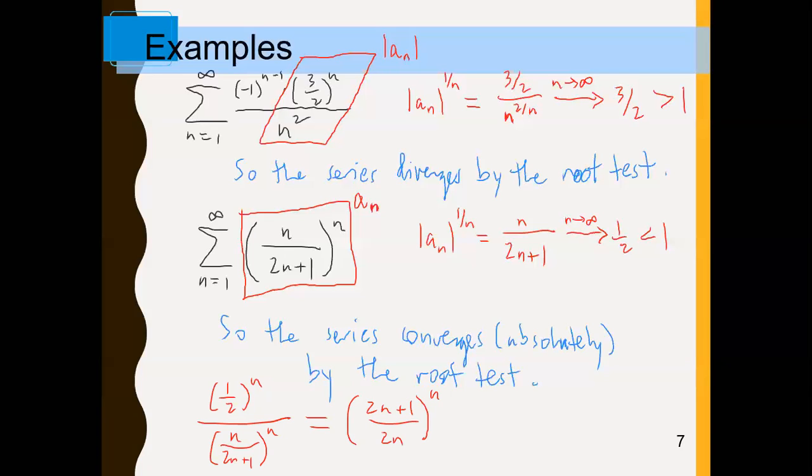By the way, this is a nice segue. I didn't even plan this, but watch what happens here. This is like 2n over 2n plus 1 over 2n. Do you believe me that that's like 1 plus 1/2 over n, raised to the n?